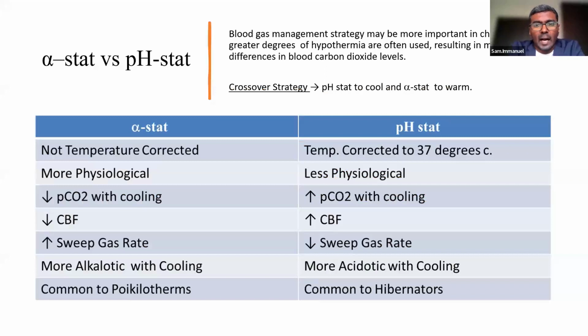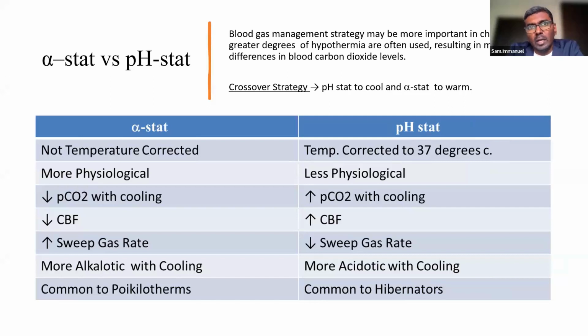So I would like to say that whenever you practice pediatric perfusion, a combination of alpha stat and pH stat is the better choice. While cooling down, you go with pH stat, that is by increasing or decreasing your sweep gas so that you maintain your CO2 at a normal level or a bit on a higher side for your neurological protection, while you can also have a uniform cooling.